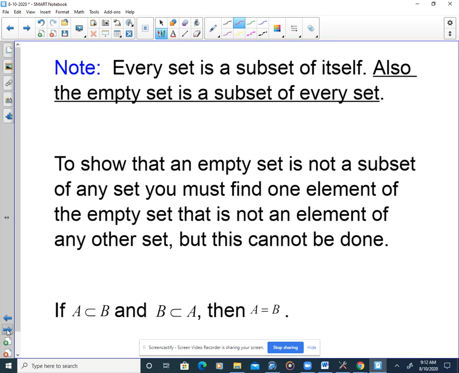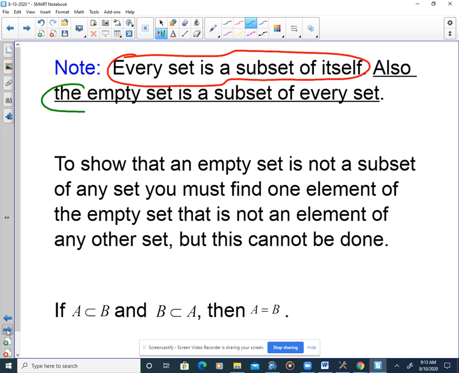This note at the top of this screen is very important. There are two sentences up there. They're extremely important for you to remember. The first sentence says, every set is a subset of itself. This is always true. And then the second sentence is also true.